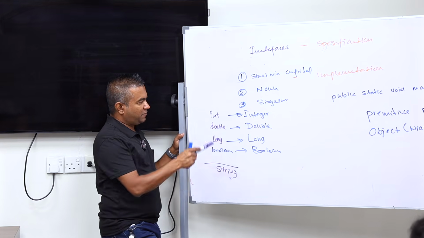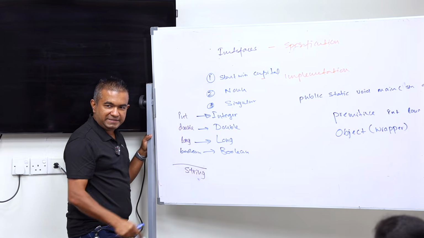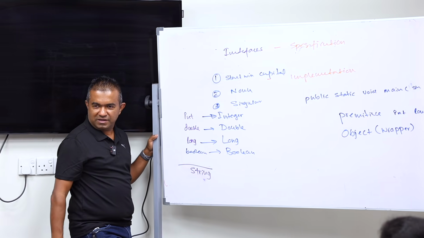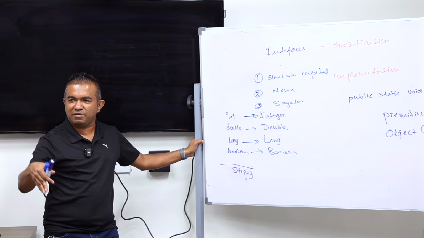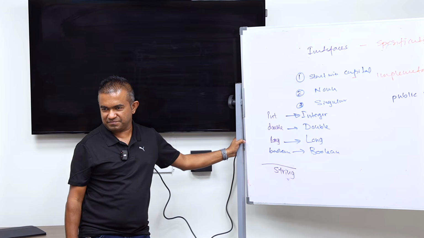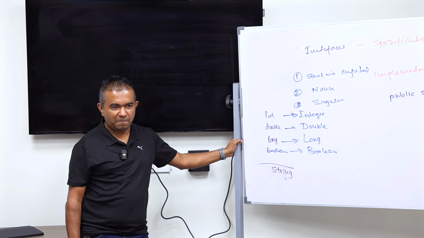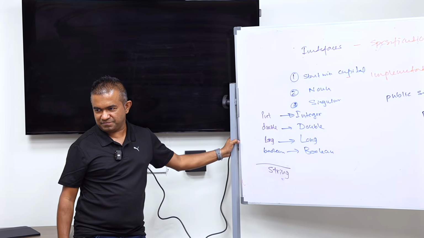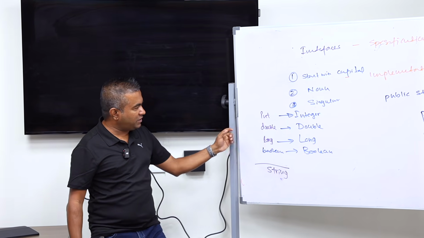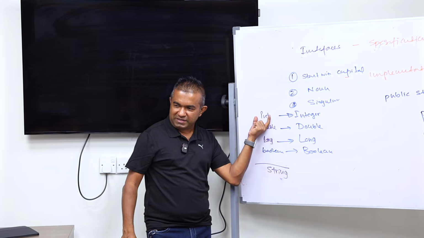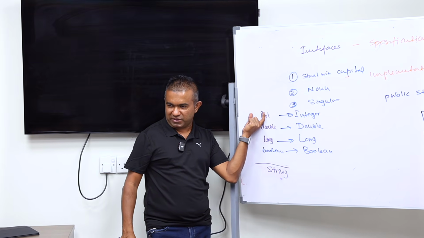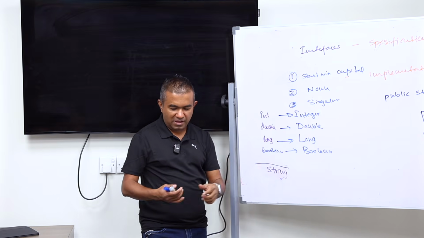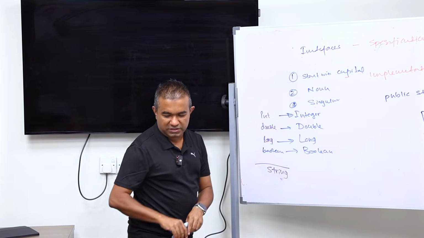Let us say for example, int is a primitive type, it is not a class. Since it is not a class, it does not have methods. If it is a class, it has methods. So, if you need to execute a method on some value which is in the int variable, you need to convert it into an Integer.